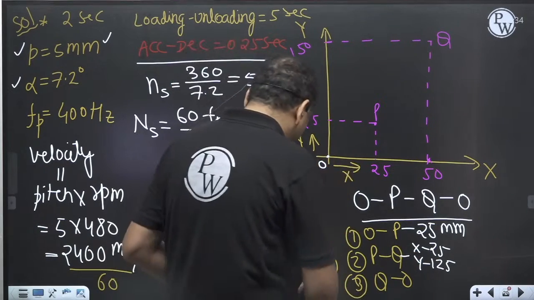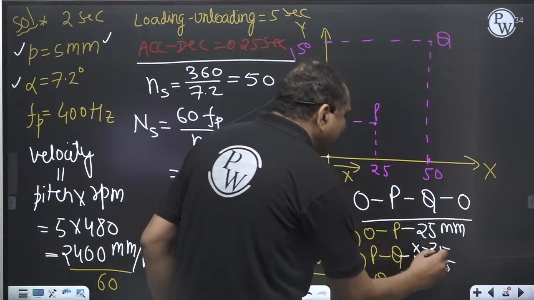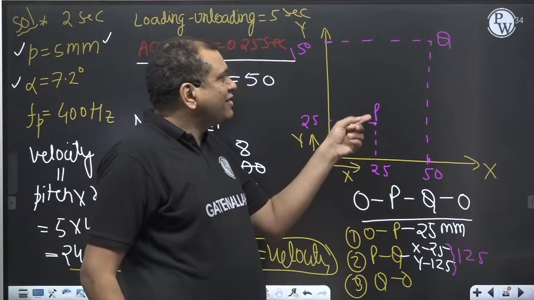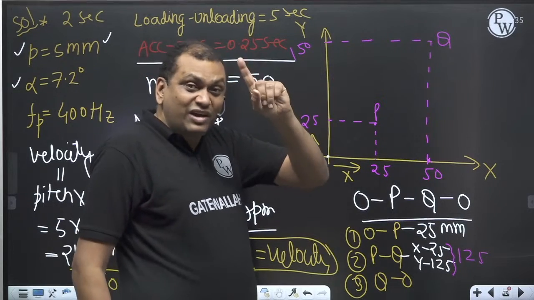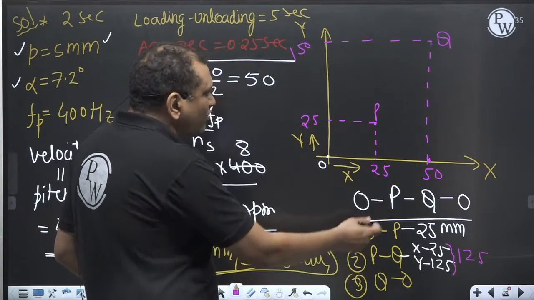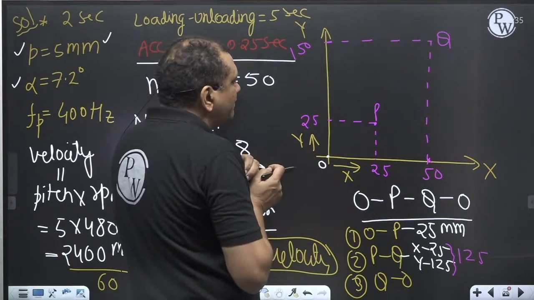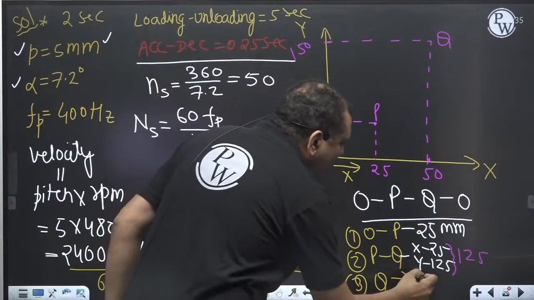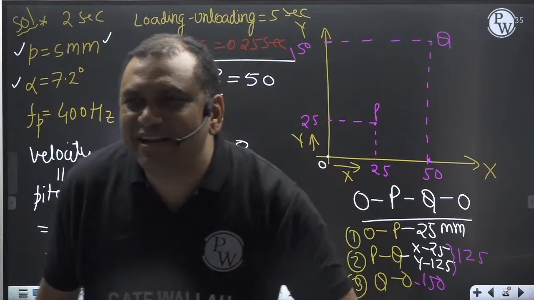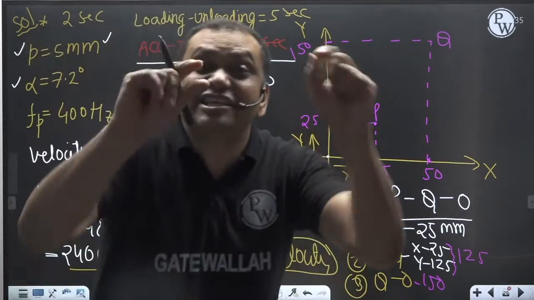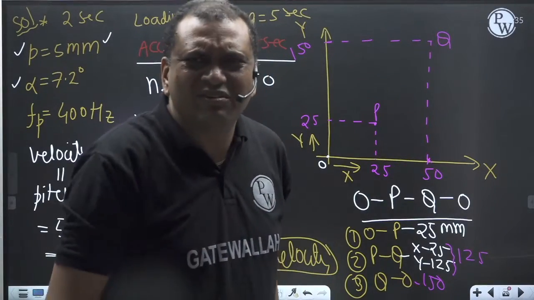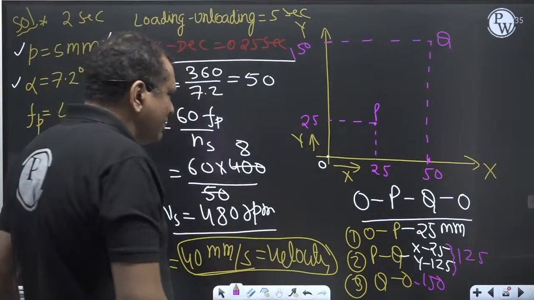I will take the larger value, because X will come here quickly, but Y will take a lot of time. In Q to O, X moves only 50, Y moves 150, so I will take the larger value, 150. Has everybody understood this point? It was a very important concept.